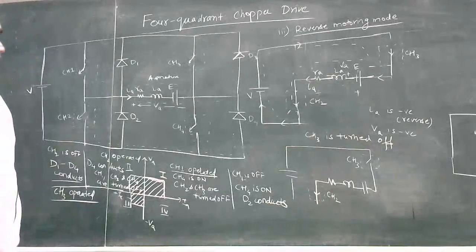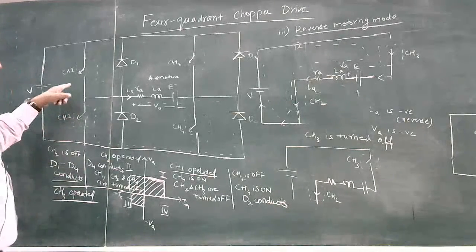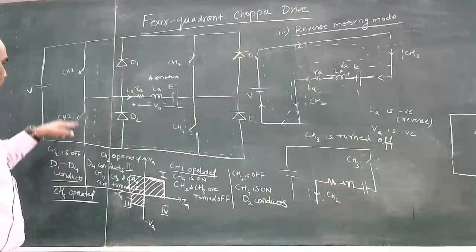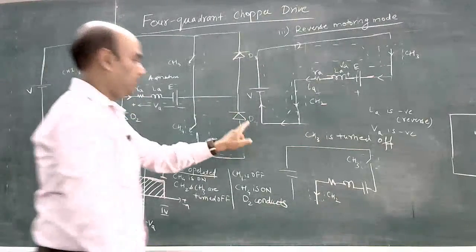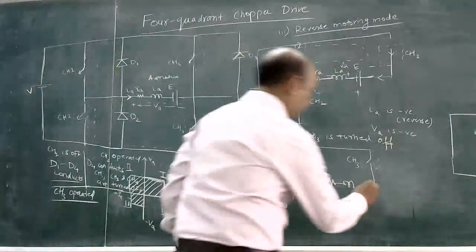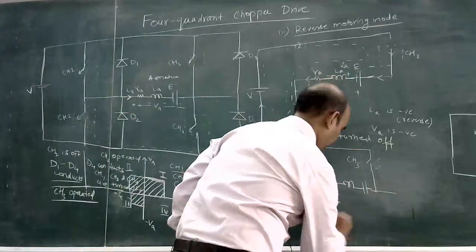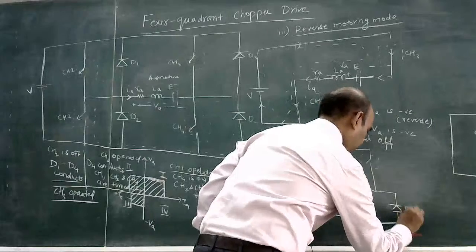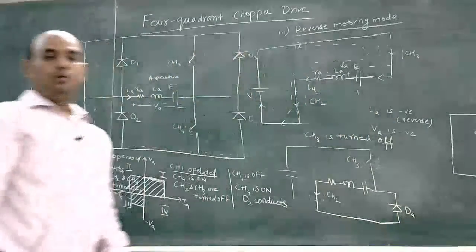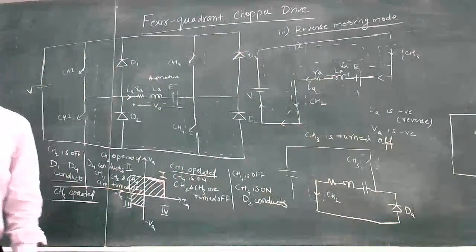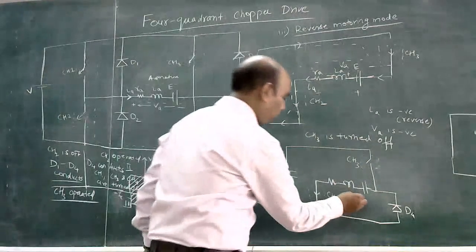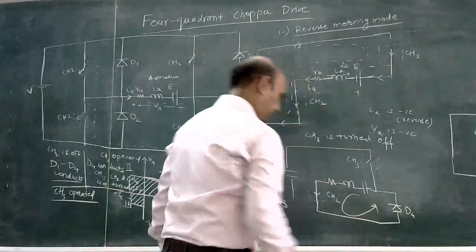The only possible path where the current will flow through CH2 is if D4 is conducting. So D4 starts conducting, and current will flow like this.